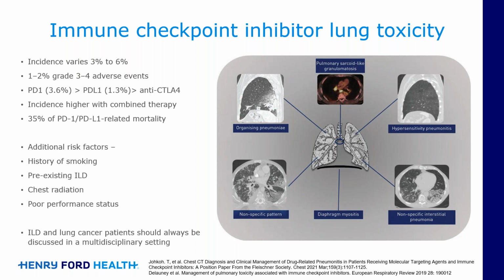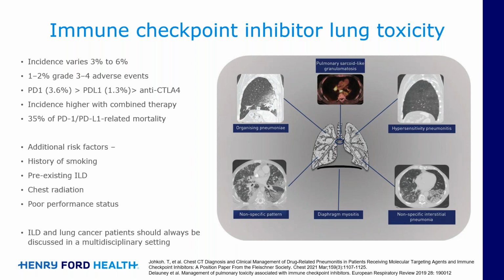Focusing on immune checkpoint inhibitor toxicity, the incidence can be 3 to 6%, with about 1 to 2% having grade 3 and 4 disease. With PD-1 inhibitors, the incidence of drug-induced ILD is probably more than PD-L1, and this is more than anti-CTLA4 drug therapy. And as I mentioned earlier, the incidence is higher when these therapies are combined.